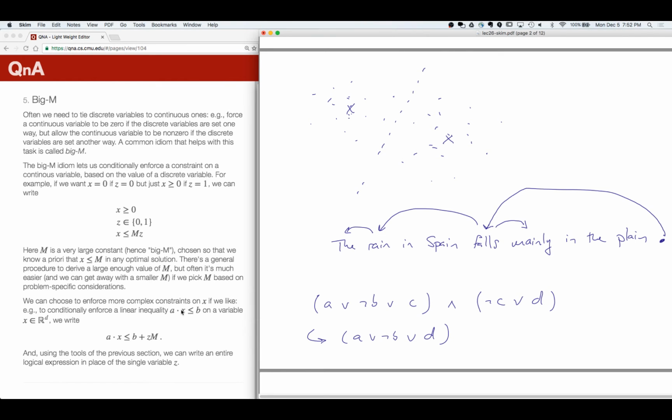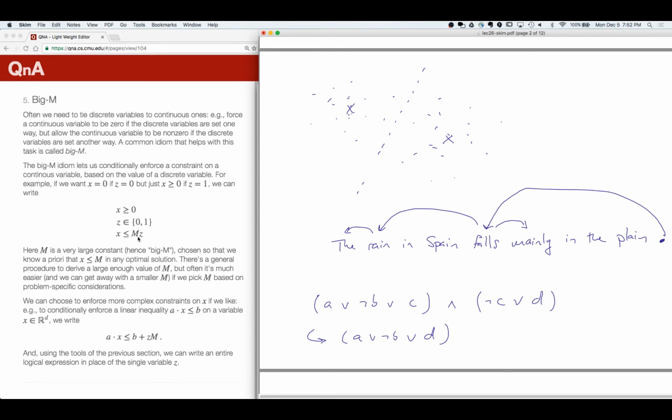We may also want to connect the discrete variables to our continuous ones. And here the typical trick is something called big M. Maybe best to explain it by an example. So here's an example. We have a continuous variable x that's constrained to be non-negative, and a binary variable z, and we say x is less than or equal to m times z.